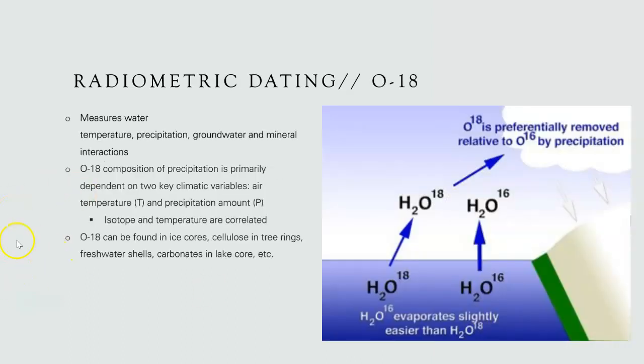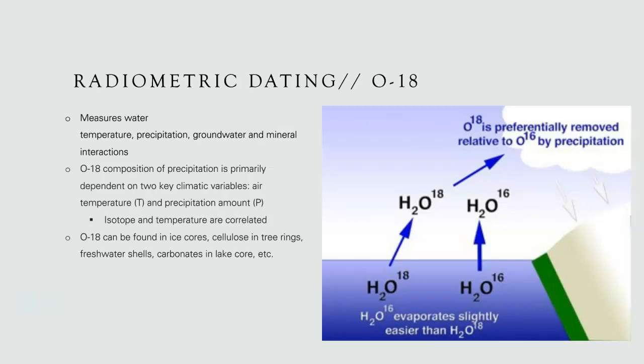So oxygen 18 can also be in isotopic form as well compared to its normal oxygen 16, and it's used when analyzing water inside of materials. So it's used in ice cores and also anything else with water inside of it.